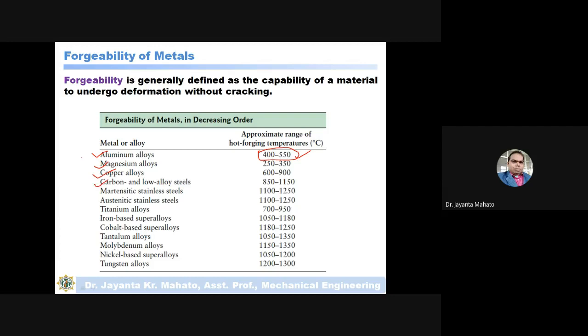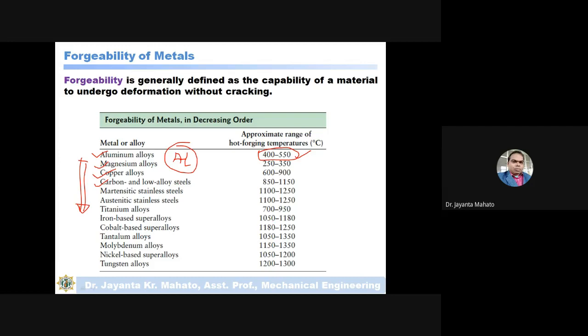Even pure aluminum has more forgeability than aluminum alloy, because the ductility and softness of pure aluminum is higher.